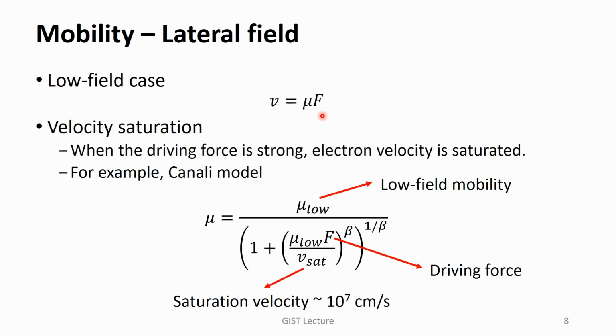However, does it mean that the electron velocity becomes infinite when we have a very large driving force? Certainly not. Eventually, the velocity is saturated at a strong driving force. The mobility model must consider this effect. For example, the Canali model calculates the mobility under a driving force F using this formula.